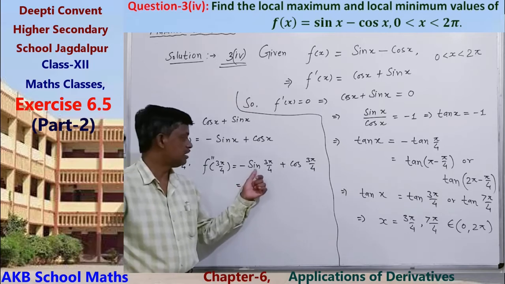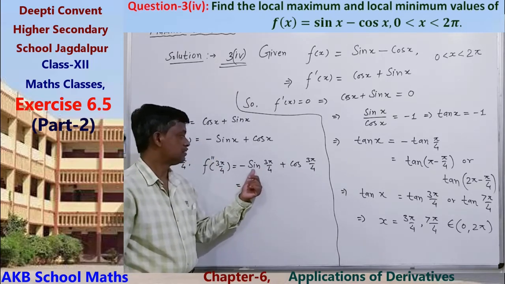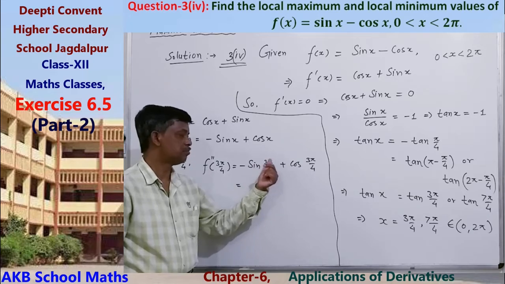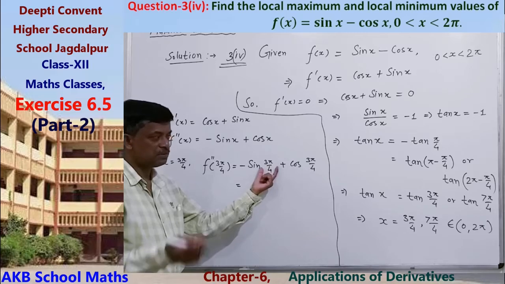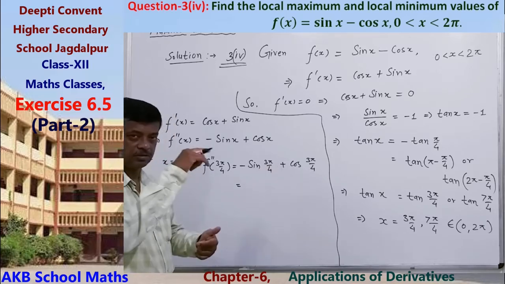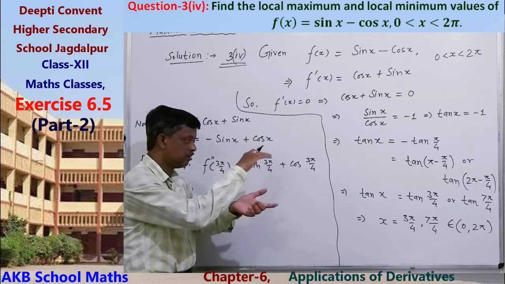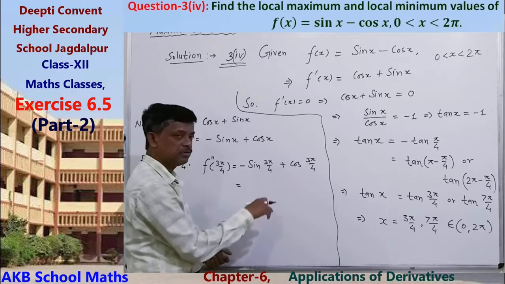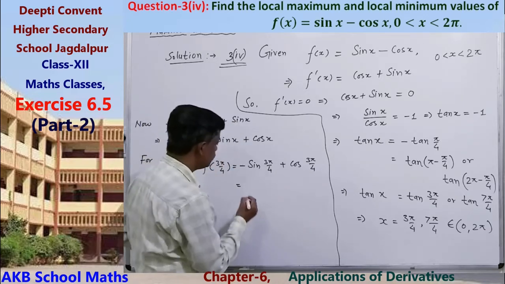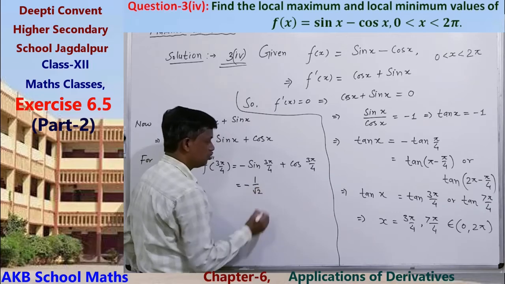Sine 3 pi by 4 means sine of pi minus pi by 4. Sine pi minus pi by 4 means second quadrant, where sine is positive. So sine pi by 4 means 1 by root 2. So minus of 1 upon root 2.